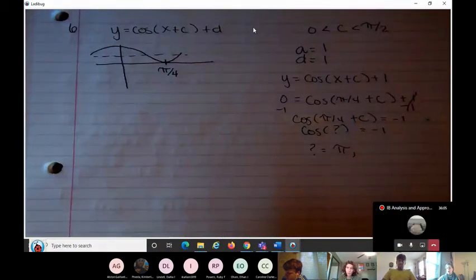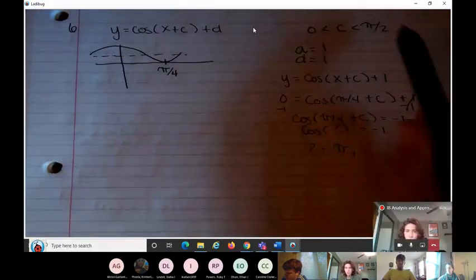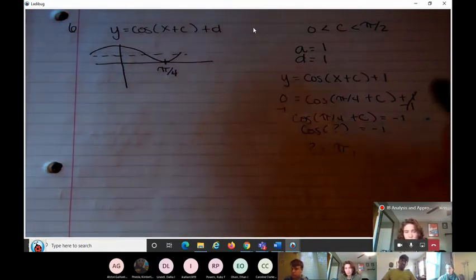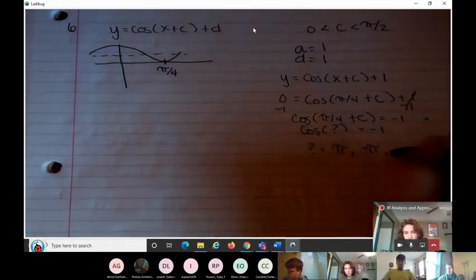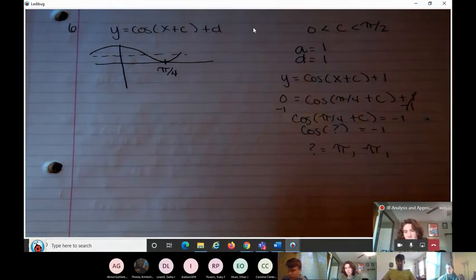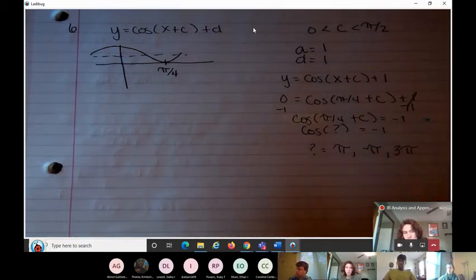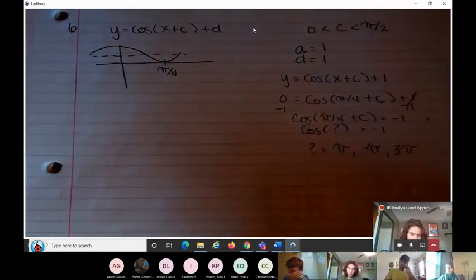We want to make sure that our c, whatever it is, is in the domain. So -pi would work, right? And then what other multiple of pi? 3 pi. Yeah, 3 pi would work too. So let's test each of those and see if we push c in or out of the domain that we have.